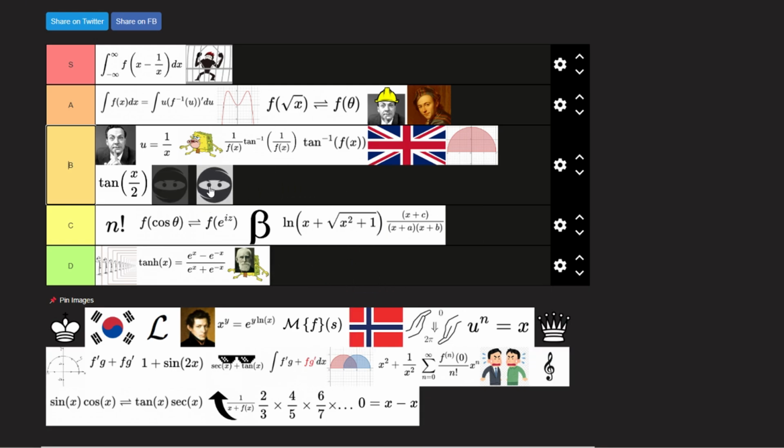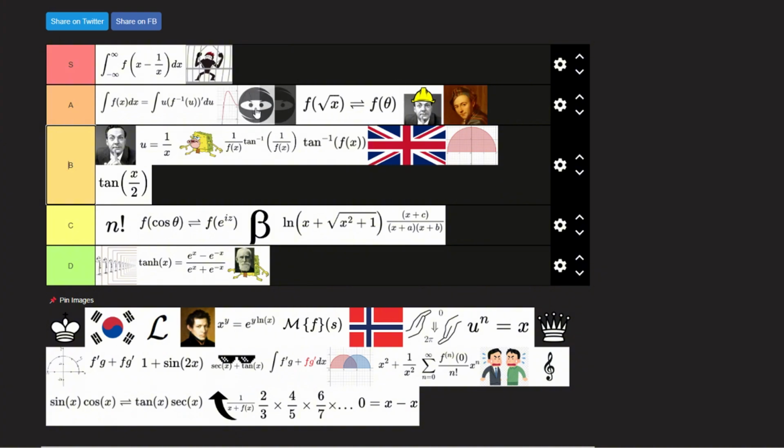Speaking of which, Ninja Substitution, I might have to put it here because letting u equal negative x is very nice and very satisfying, and a lot of the times the integral does become nicer. Actually, I might put it up here next to Symmetry. Yeah, that looks a lot more reasonable. It really is pretty much the next level Symmetry integration trick.